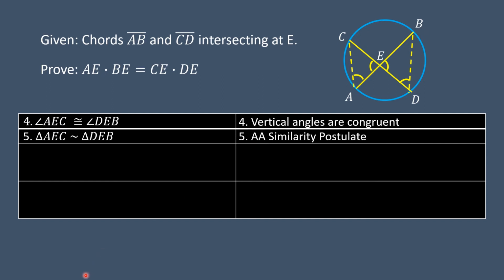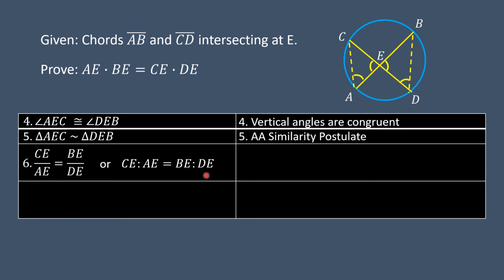So we can write the proportion CE over AE is equal to BE over DE. Or this can be written as CE is to AE as BE is to DE. In the study of ratio and proportions, AE and BE are called means.